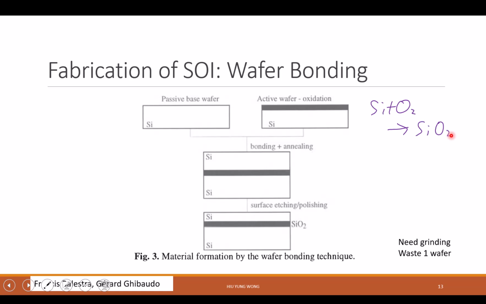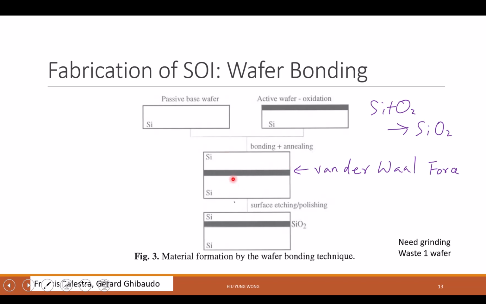So you can have a very high quality silicon dioxide using thermal oxidation. Then you put them together. They are bound by the van der Waals forces. I hope I spell van der Waals right. So you just put them together. If they're clean enough, they will just bond through van der Waals forces.